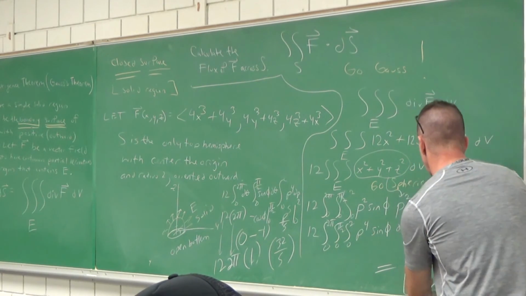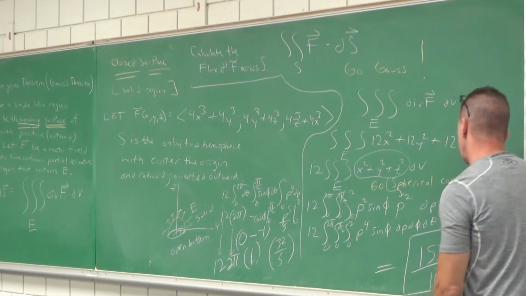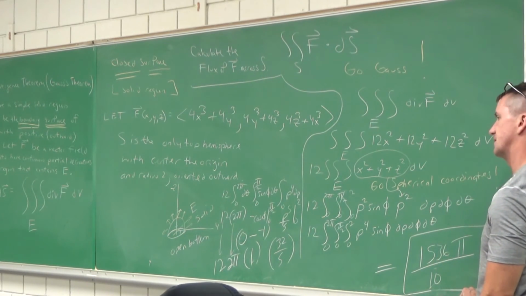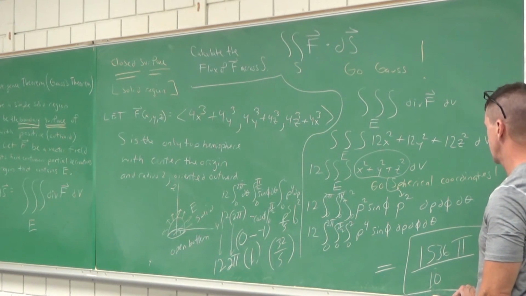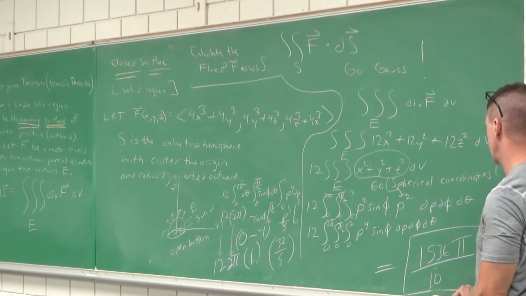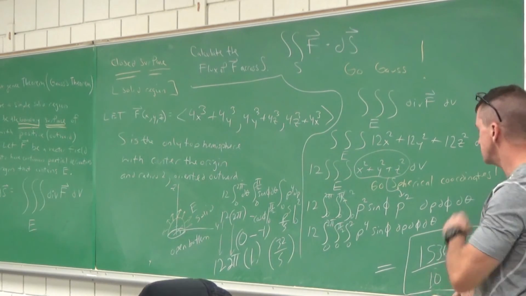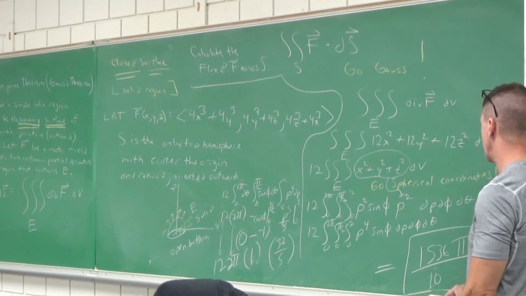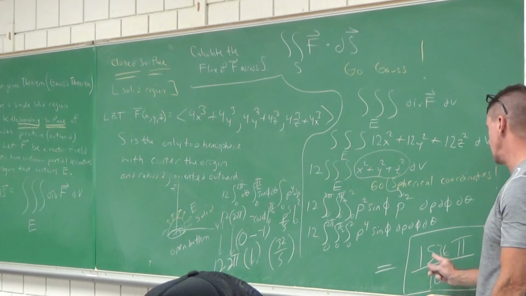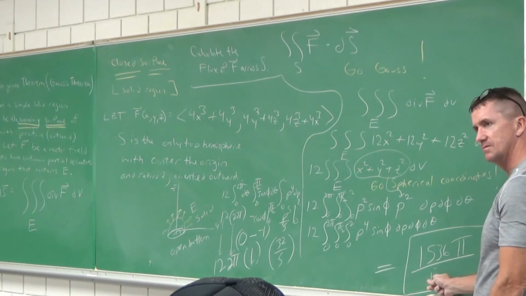What is 1536 pi over 10? I just took that last answer and divided it by 2. What's that? 153.6 pi. True?